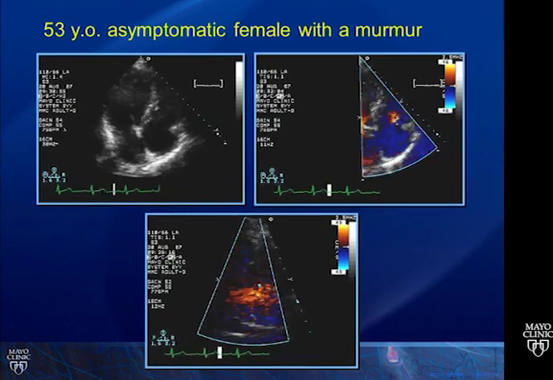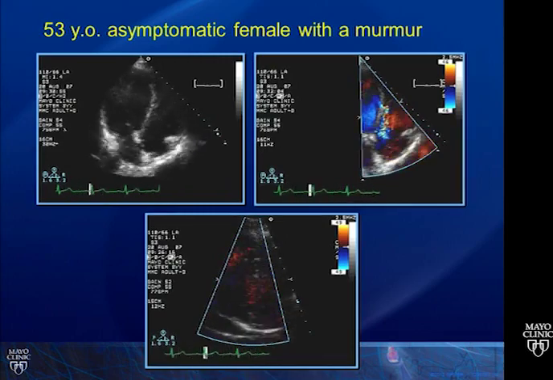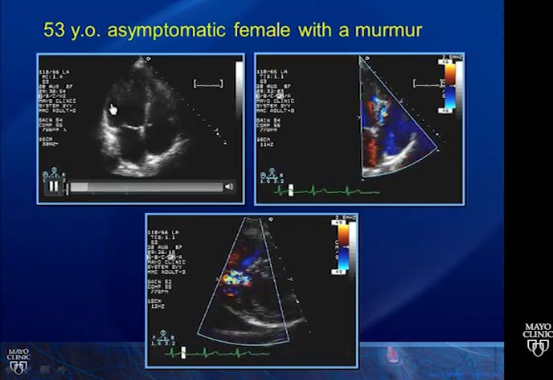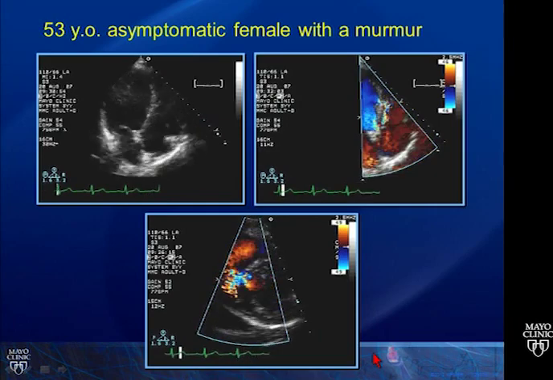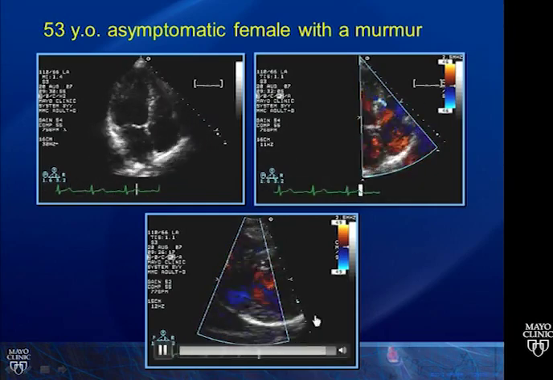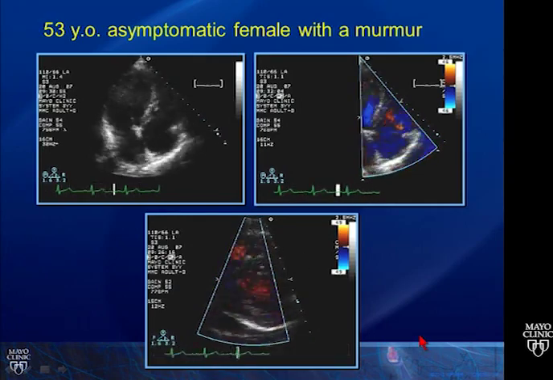All right, our next case is a 53-year-old asymptomatic female, but there's a murmur. And so this echocardiogram was done, typical format again with the LV, RV. You see some color flow here with a color flow box, and then there's a short axis view here of the left ventricle.